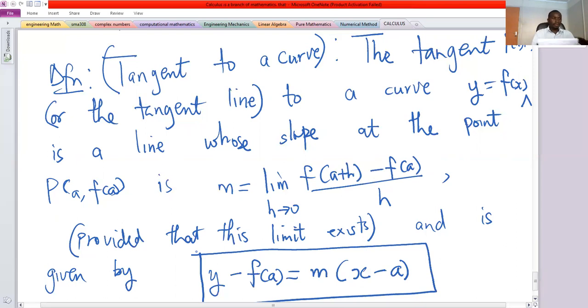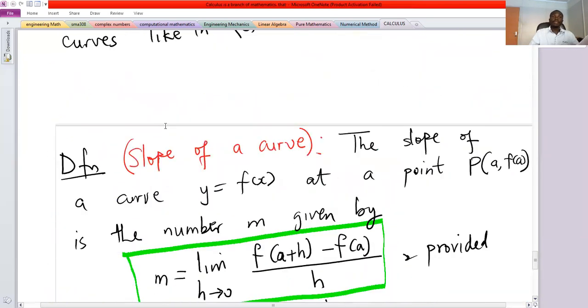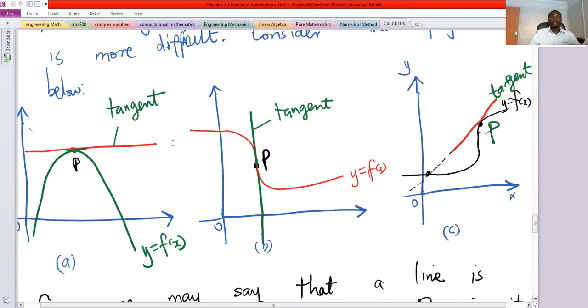Because using words, as we have seen in the explanation of these three curves and the circle, when you say that the tangent line is a line which touches a curve at only one point, then that contradicts this case C, yet this is also a tangent line.